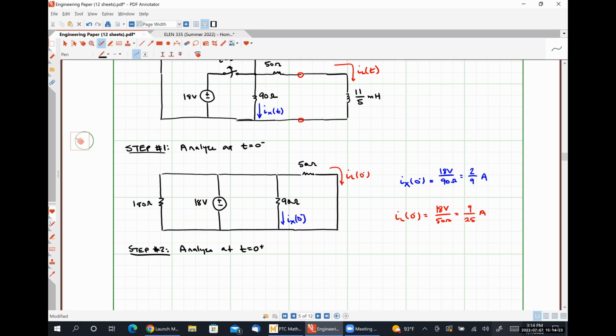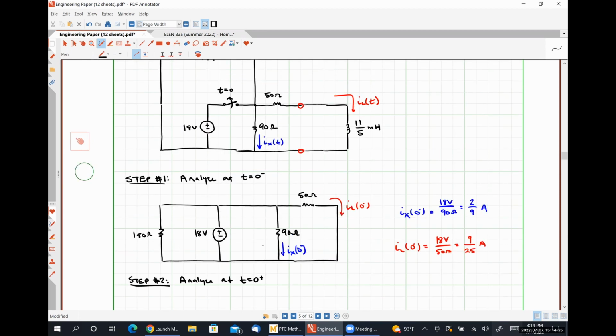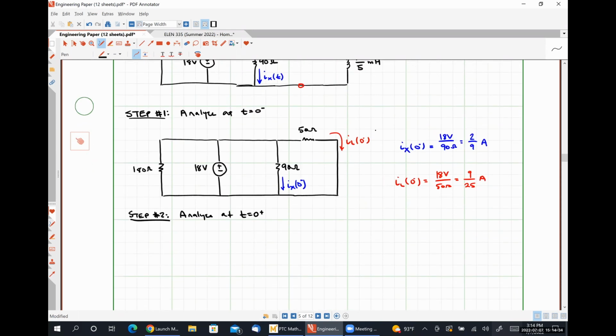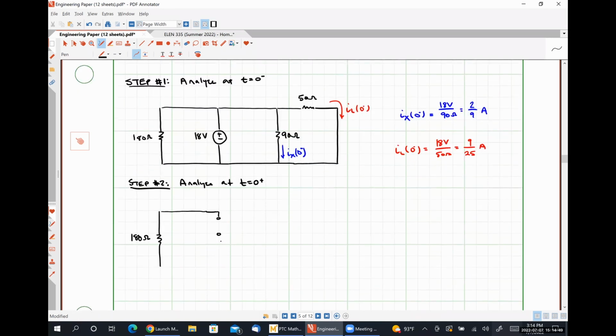So at t equals 0 plus, our switch has opened. And so that's going to disconnect the 18-volt source. So how I'm going to draw this is like this. Here's my 180 ohm resistor. Here's my 18-volt source.